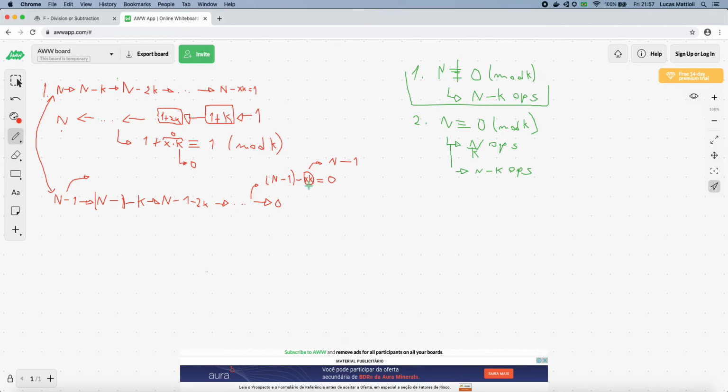So this product must reach n minus 1, which means k is surely a divisor of n minus 1. So for the first case, given that this chain of operations is similar to this chain of operations, we just need to count how many divisors n minus 1 has.